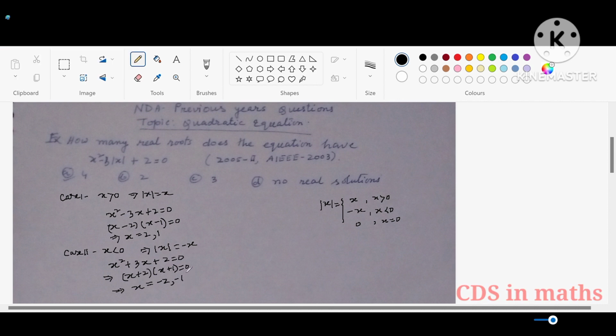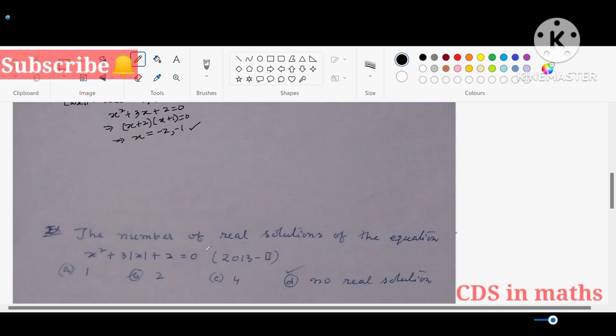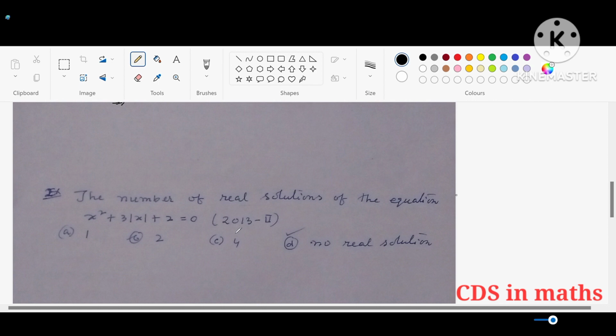Or if I consider x plus 1 equal to 0, that will give x value minus 1. So here we got two values of x, here another two values of x. So total roots 4. Option A is correct. I hope you understood. Now next question.